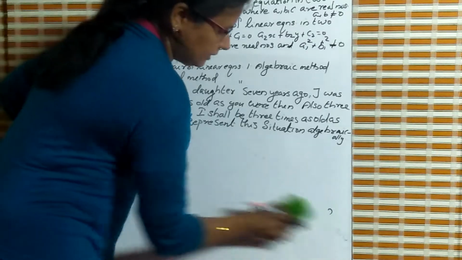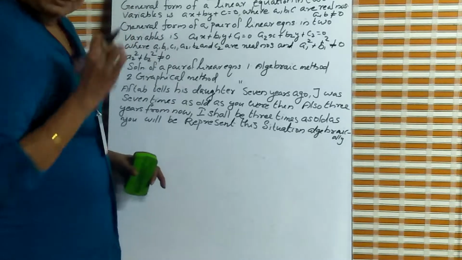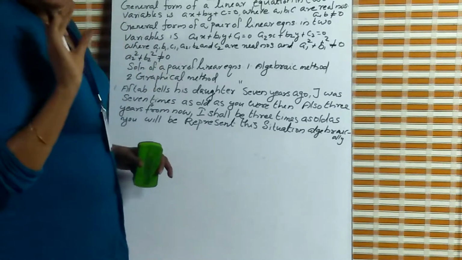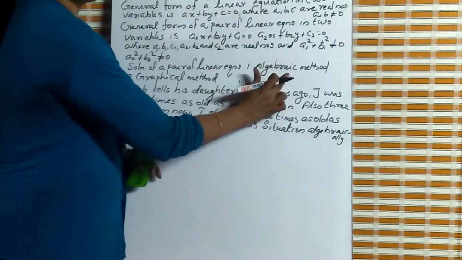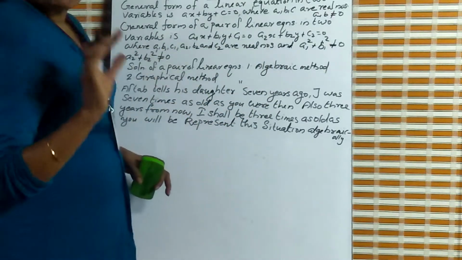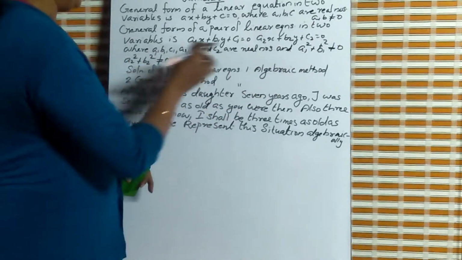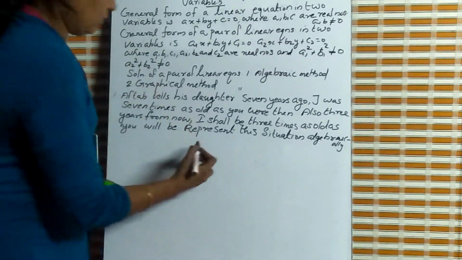We have to find the solution of a pair of linear equations in two variables. To solve it, we have two methods, algebraic method and graphical method.